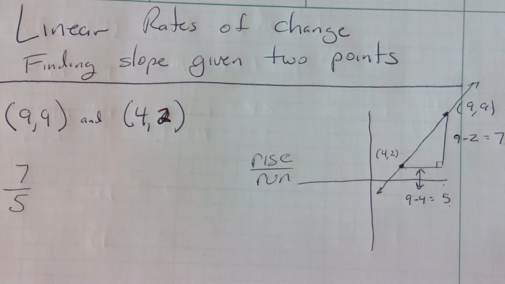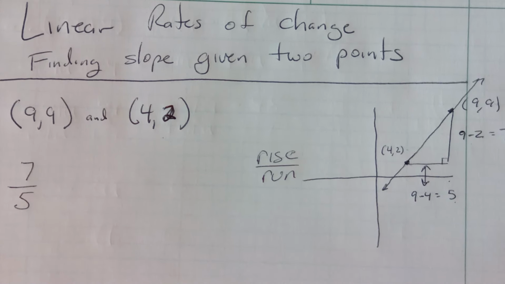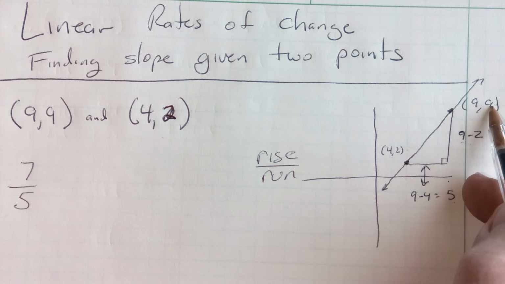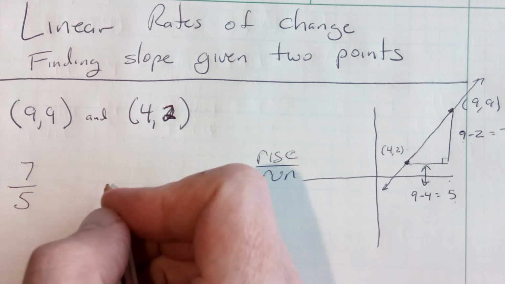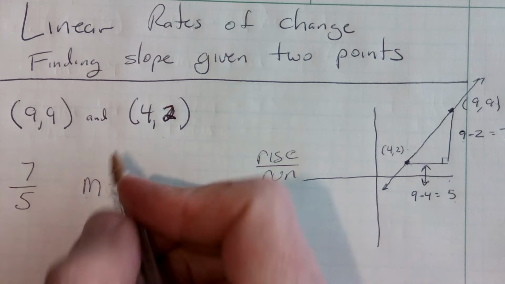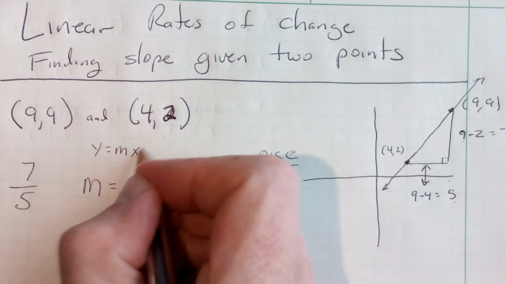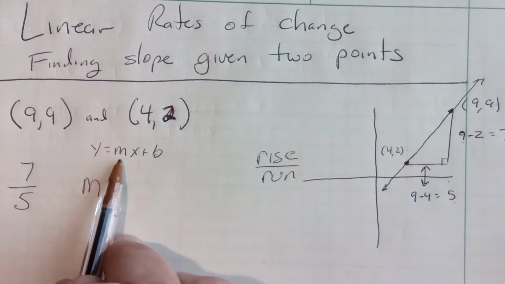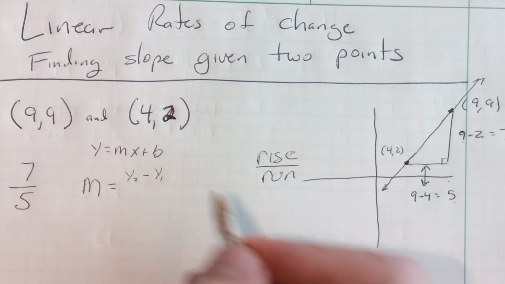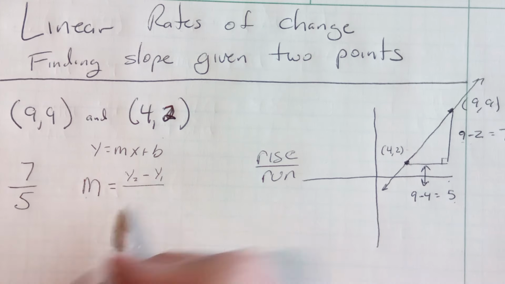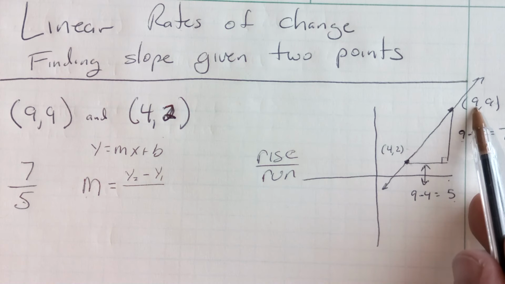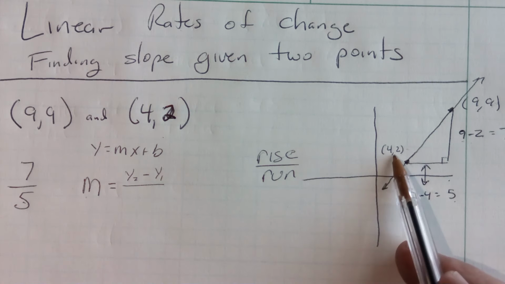Now, a lot of students like formulas. If you'll notice, I took this second y value and I minused off the first y value. So slope, which a lot of times mathematicians refer to as m in the equation y equals mx plus b, is the second y value minus the first y value divided by this run, the second x value minus the first x value.